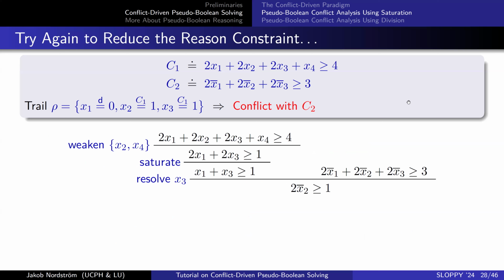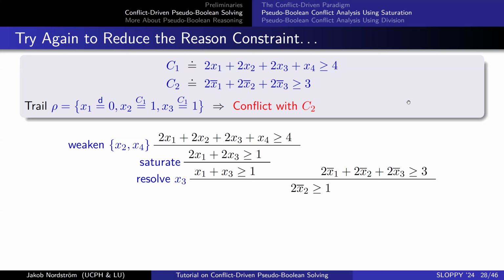Okay, but we're not giving up that easily, so we're weakening even more. We can't weaken on x1 because it's falsified, so weakening on it would introduce a contribution that is not there. And we can't weaken on x3 because then we lose the variable we want to resolve over. But we can weaken on both x2 and x4.